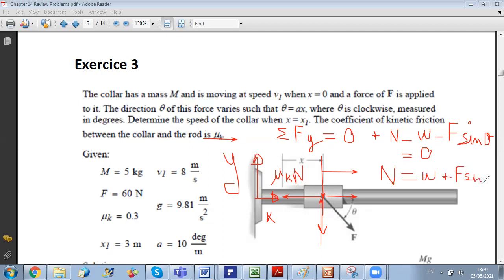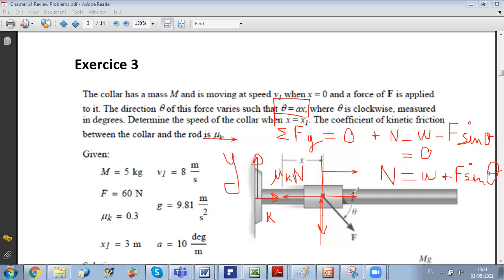Now, since theta is variable in this problem, pay attention whenever you have variable forces. Theta is given here as a function of x. Theta is equal to a times x. Since you have variable forces and a variable angle, when you want to get the work, you should do integration.